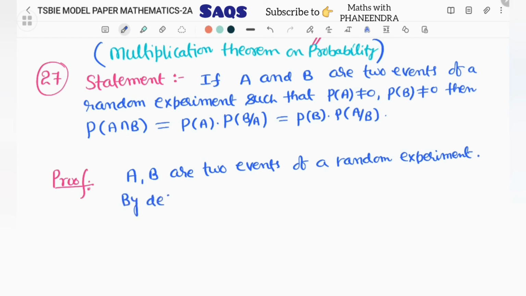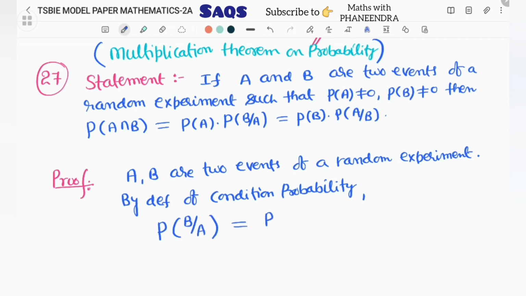By the definition of conditional probability, we have 2 definitions. One is P of B given A can be defined as P of B intersection A by P of A, provided that P of A should not be equal to 0.